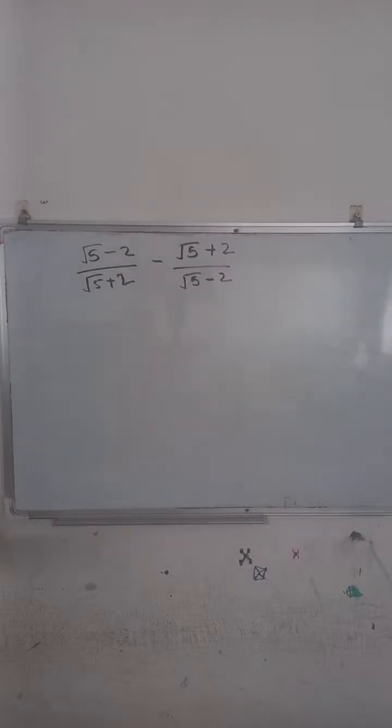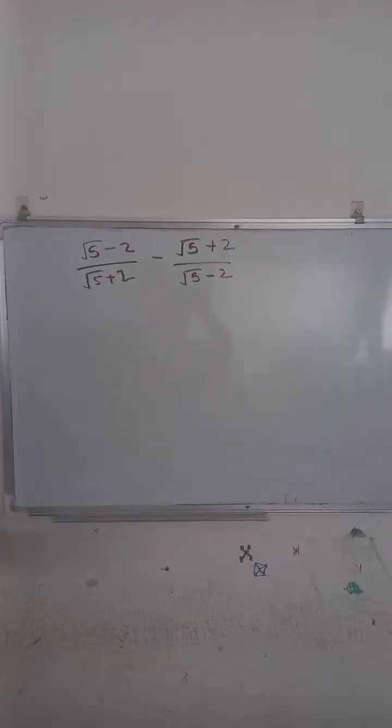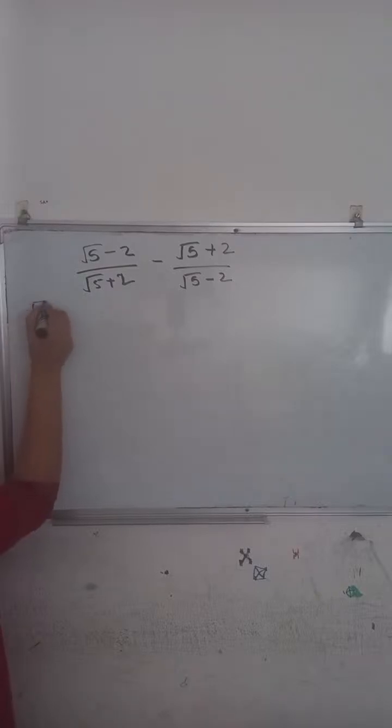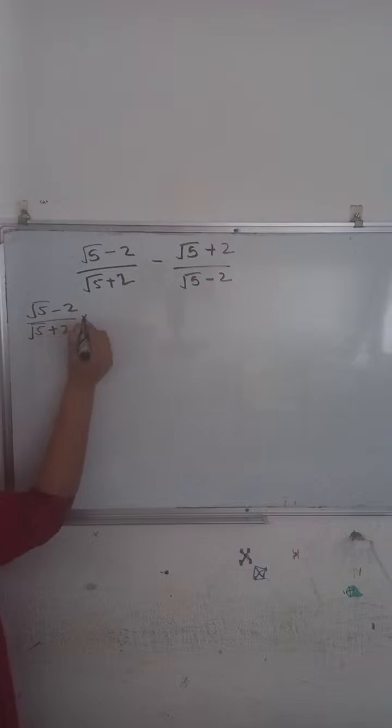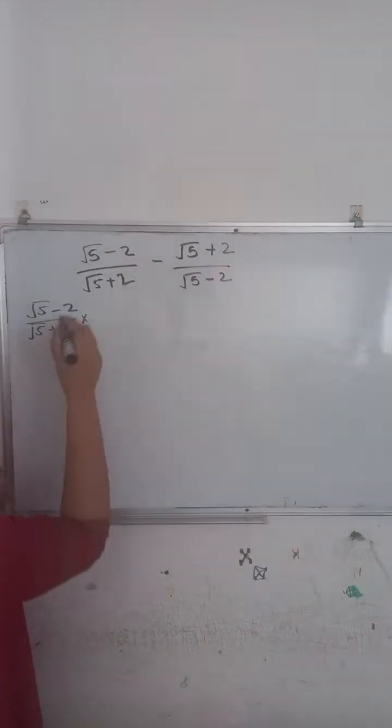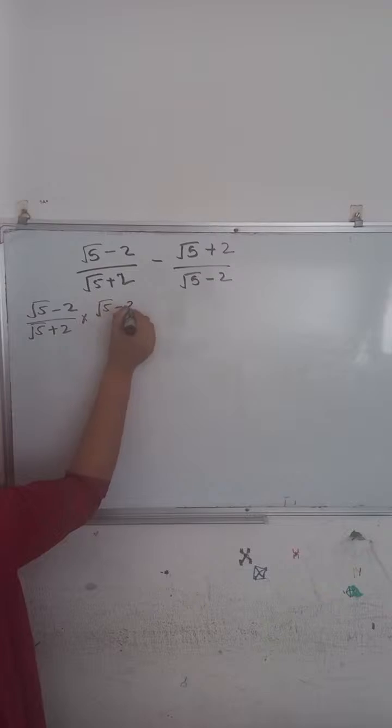We can start here. I am solving together, but you can try separately, otherwise you will become confused. For root 5 minus 2 upon root 5 plus 2, I do the rationalization by multiplying by root 5 minus 2.